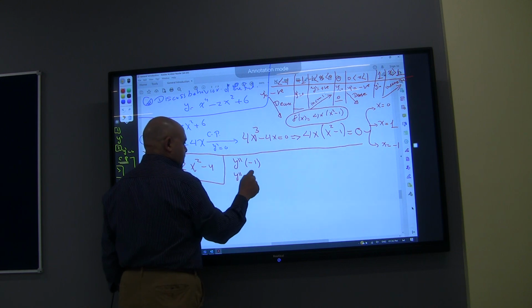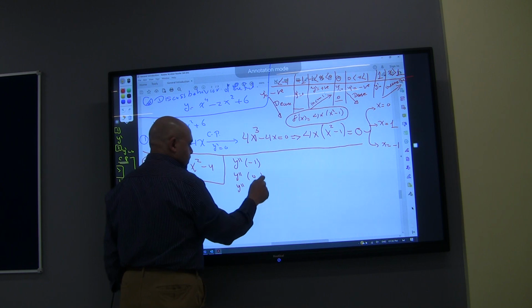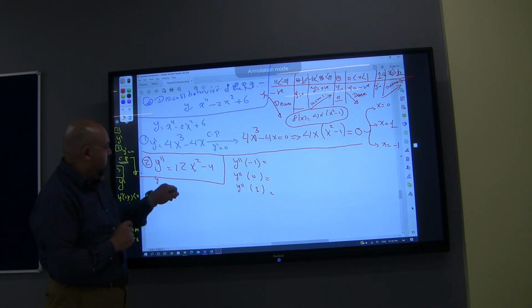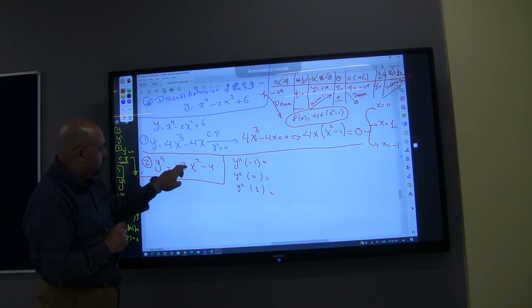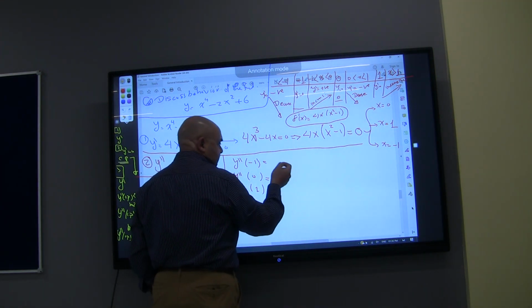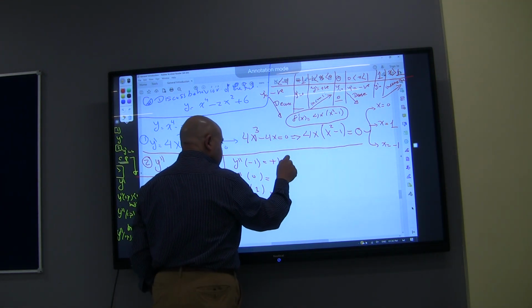The second derivative, let's see. Y double dash at positive 1 equals... If we took negative 1 and substitute negative 1 to the power of 2, it's going to be positive 1. Positive 1 times 12 minus 4.